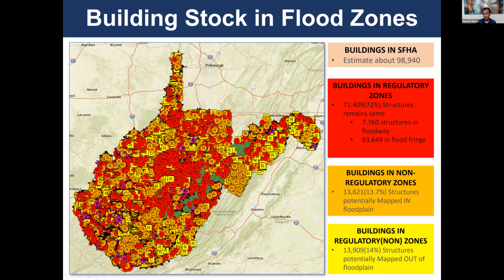Around 13,900 structures have a potential to get mapped out. So this is a first cut, but if somebody is applying for ELOMA or LOMA, a more detailed analysis can be done and we can show how to do it. There are links available on the flood tool that have been created on how to do it.